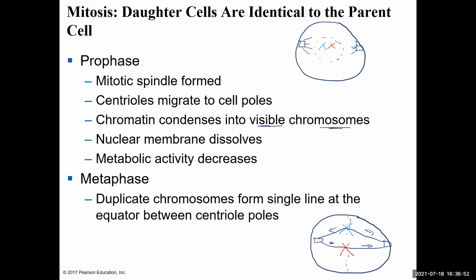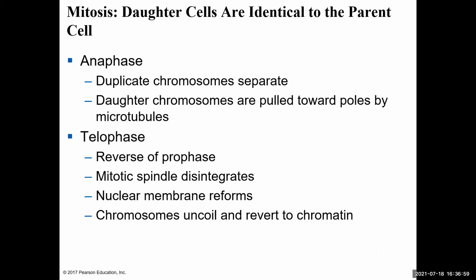And so once this has happened, the cell will then go into anaphase. Okay? And so anaphase is the actual separation of those sister chromatids. Okay? And so we'll have these centromeres. Okay.